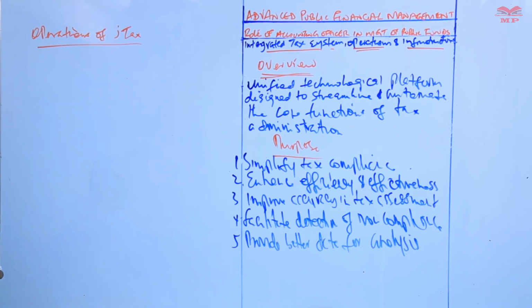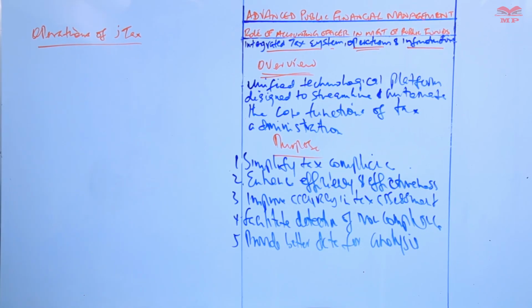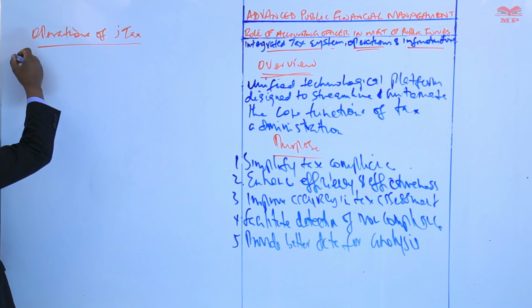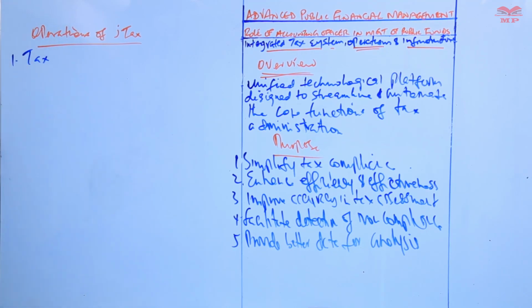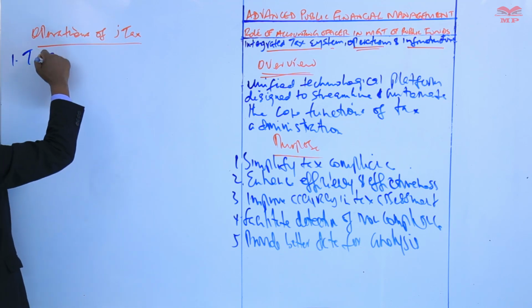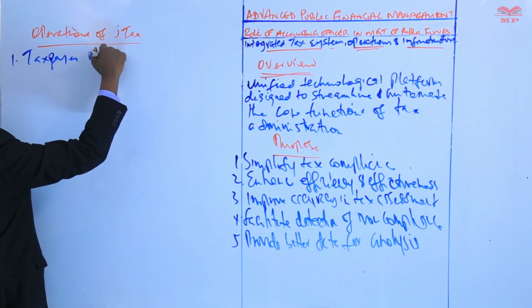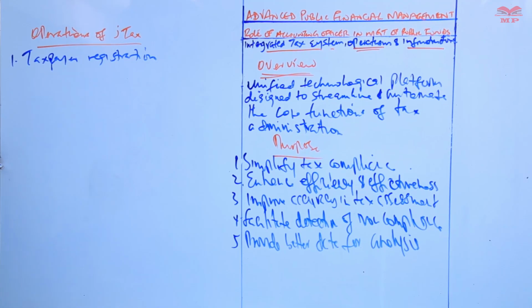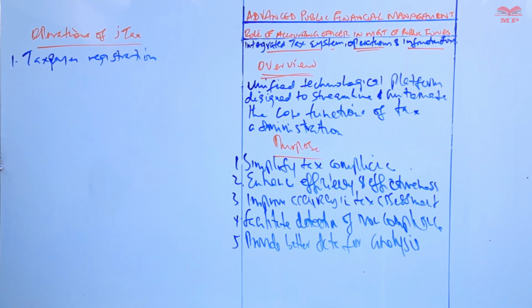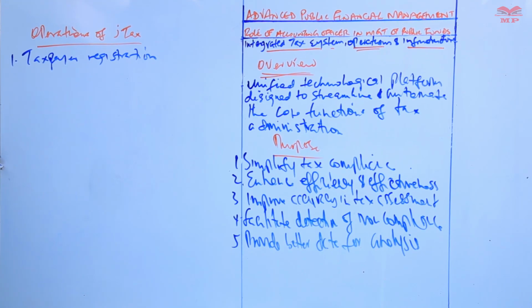Now, an integrated tax system, we've seen, supports a wide range of tax administration operations, typically including taxpayer registration. I've said that an iTax or an integrated tax system supports a wide range of tax administration operations. One such operation is taxpayer registration.